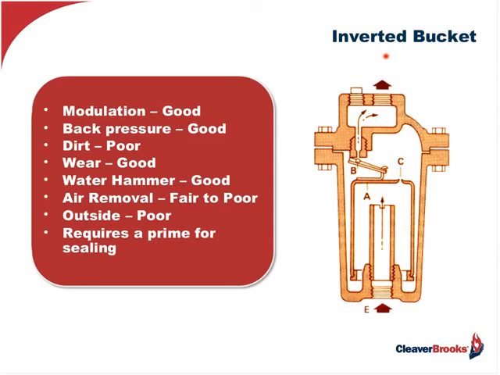And the inverted bucket also requires a prime for it to operate properly. So you always have to have a certain amount of water in the bottom of the bucket, or the bottom of the trap body itself, for the seal to form and for the bucket itself to become buoyant.